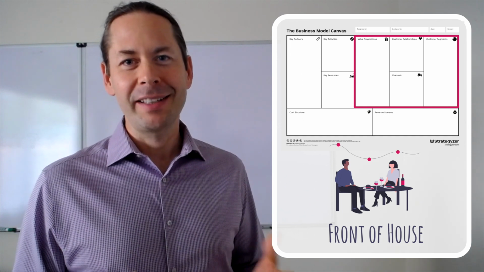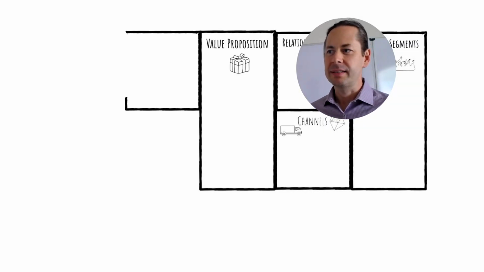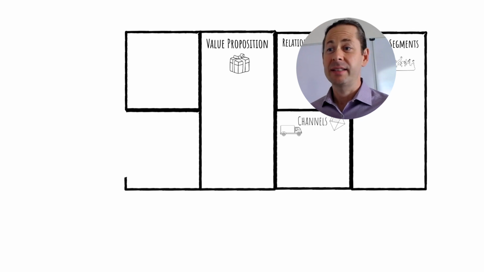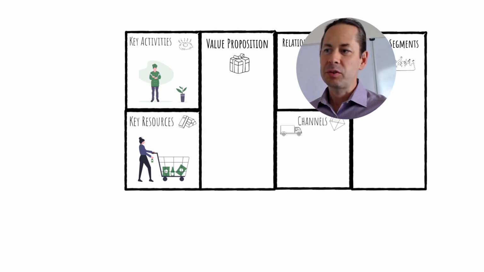Let's jump over to the other side, the left side. I feel like the two boxes that make the most sense in the beginning are the key activities and the key resources boxes. The key resources are those things we need to just make it happen. And the activities are what we do with those things. Now, just one box to the left of that is the key partners box.